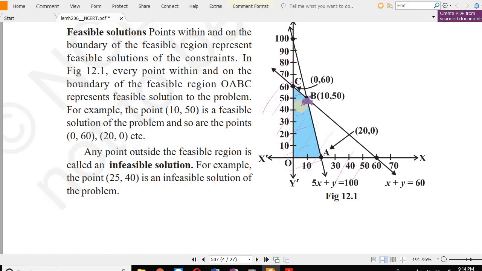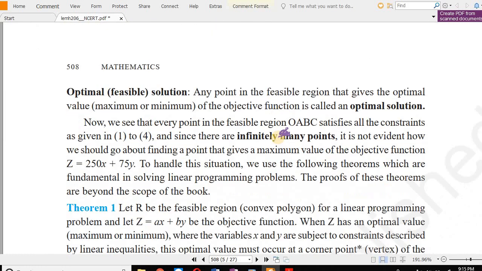So this is called the feasible region because feasible means possible. These are the set of all possible strategies x and y that satisfy all the constraints. And any point outside the feasible region is called infeasible. All right, so we have this polygonal shape that determines the feasible region.